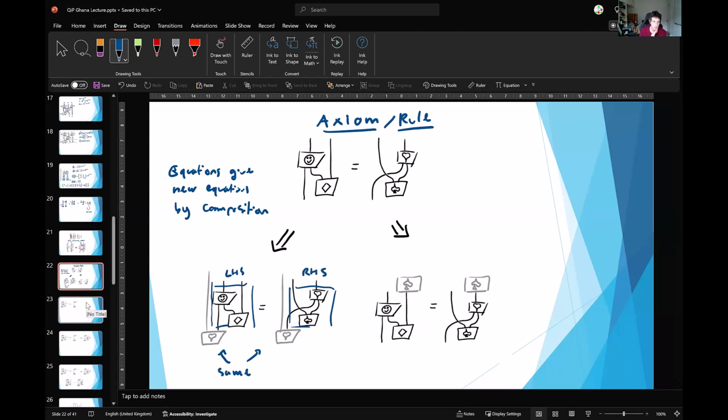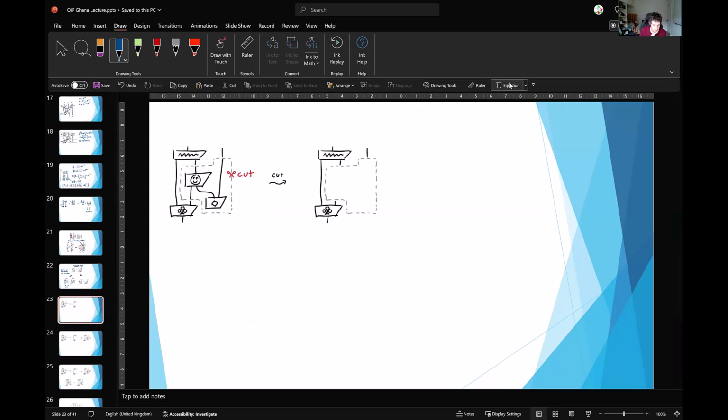The more practical way to think about it is to say the process goes roughly as follows. I have a diagram, and inside this diagram, there is a part that I want to change using a rule. I want to replace a little bit of the diagram with a part that is equal, but has different shape, different boxes, but I know it's equal for other reasons. I know the result is the same, even though the boxes are different and the wiring is different. So one way to think about the process, diagrammatically, graphically, is that you have a part of the diagram that you want to replace. You cut it out.